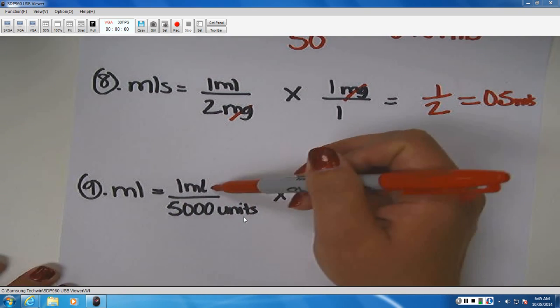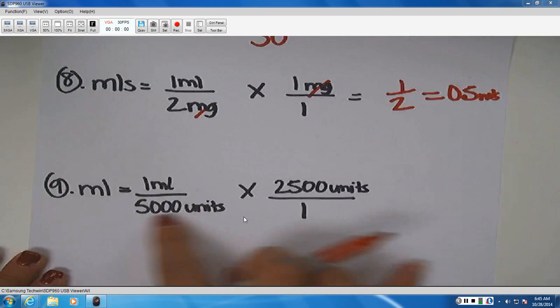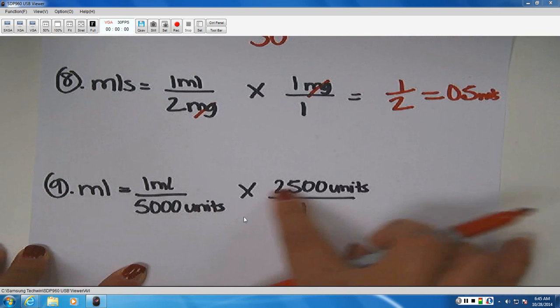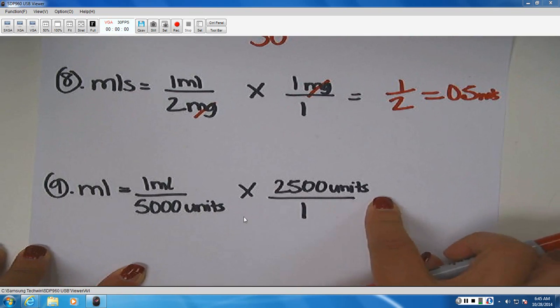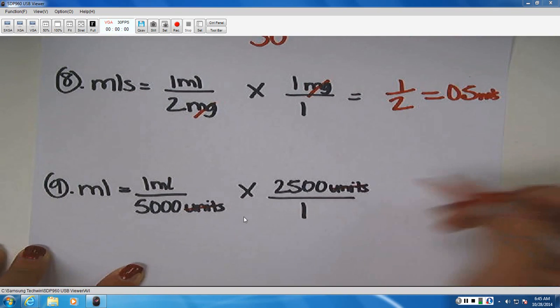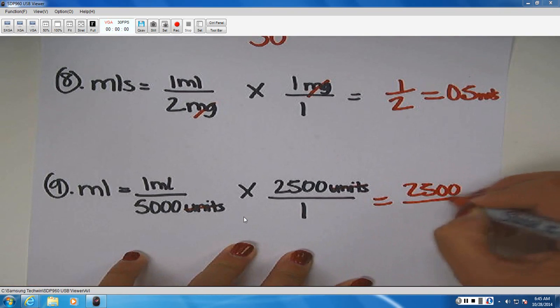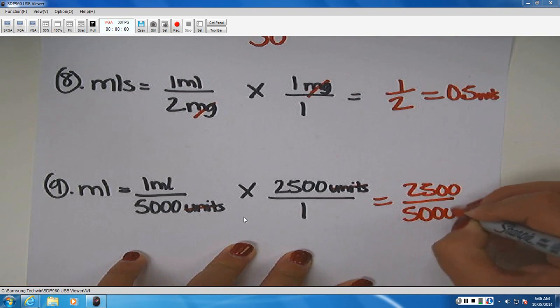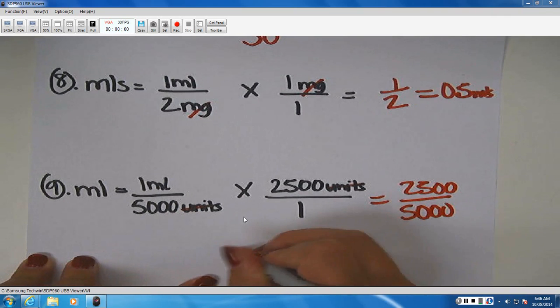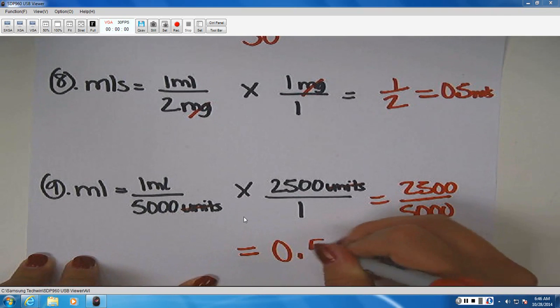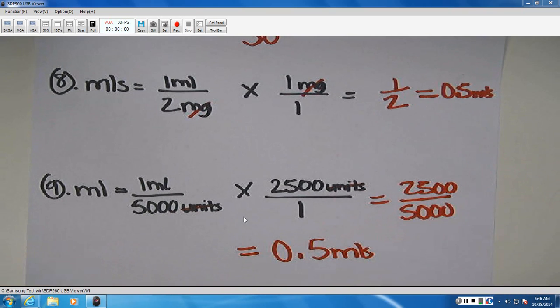And the physician has ordered 2,500 units. So how I've set this up, we can just multiply straight across. 2,500 divided by 5,000 equals 0.5 mLs. Okay, when you divide that.